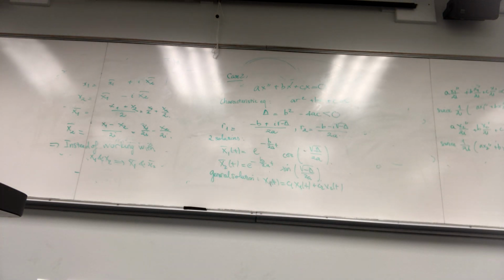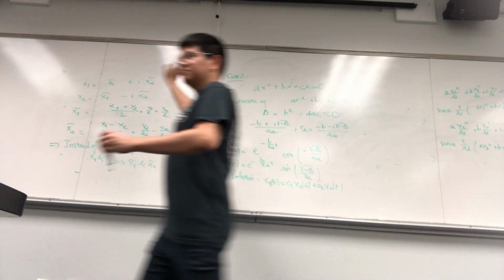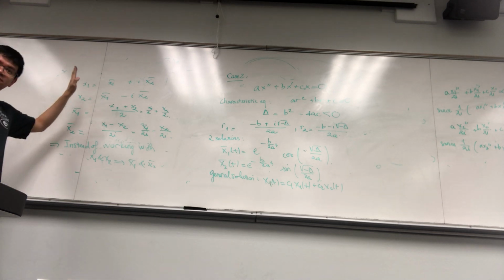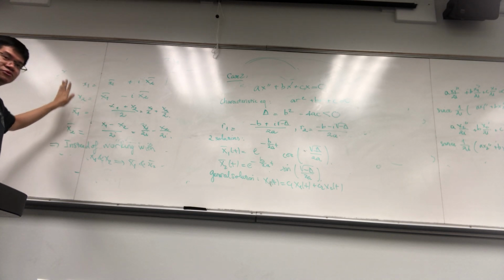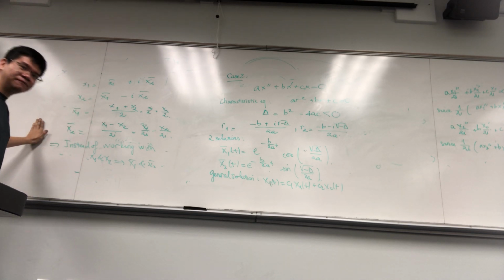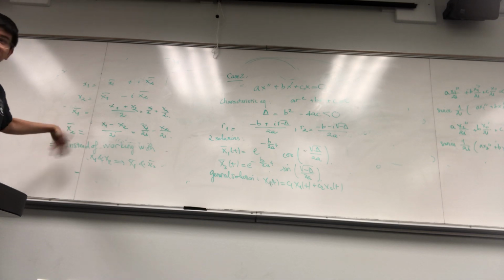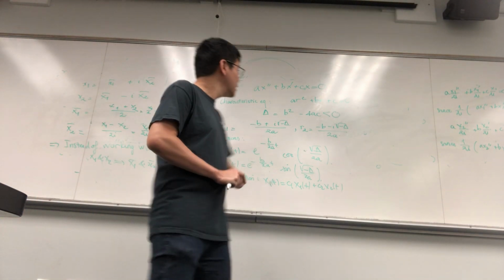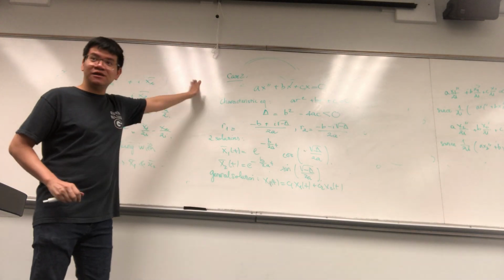It's good. I explain again. In the previous computation, you see that I computed x1 and x2. Those formulas are complicated. So here, we prove that instead of working with x1 and x2, you can work with x1 bar and x2 bar, because x1 bar and x2 bar have simpler formulas. And this is the table.